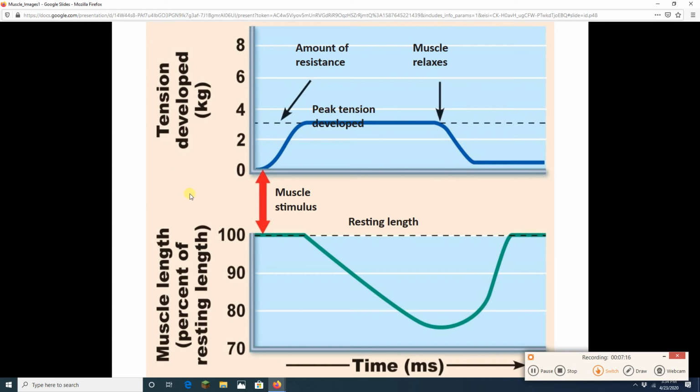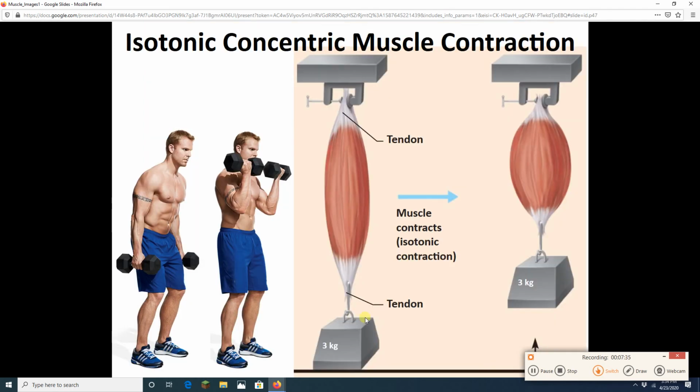So the muscle starts contracting, and tension starts to develop, and tension develops and develops, but we don't do anything. The muscle doesn't actually change its shape until we've achieved just enough tension to move that load. If I go back for a second, in this diagram here, we had 3 kilograms.